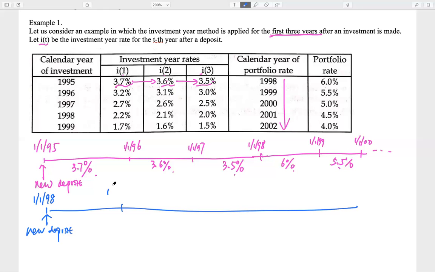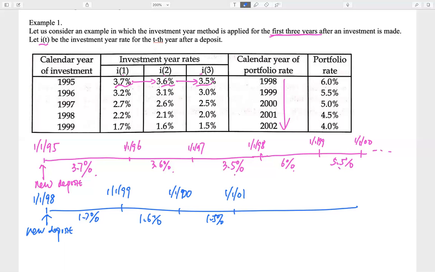For the first year, you will be receiving 1.7%. In the second year, you will be receiving 1.6%. In the third year, you will be receiving 1.5%. Right?